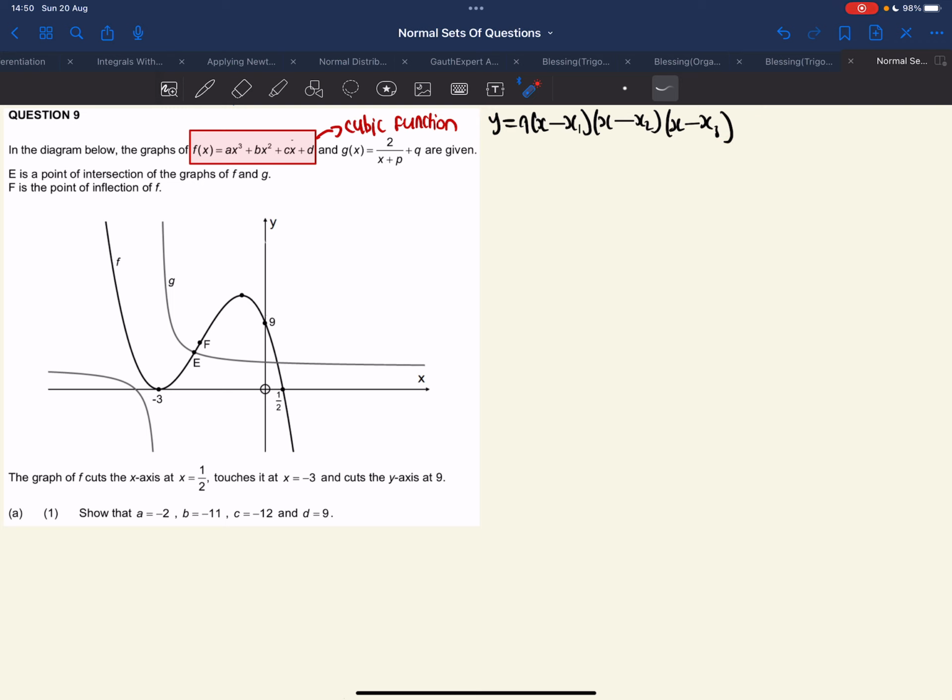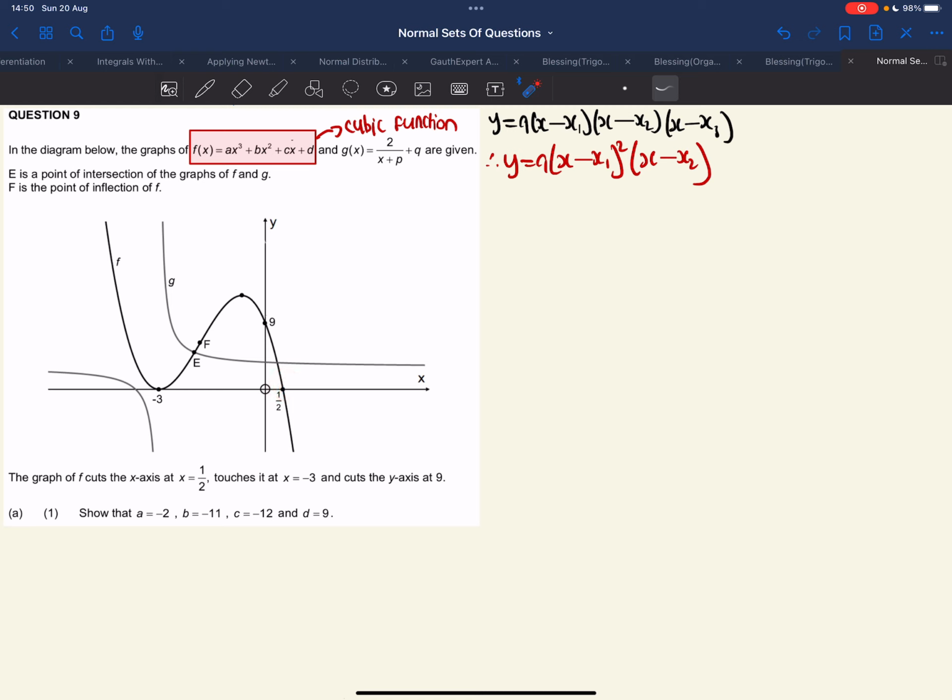Using a different color, we can say therefore y equals a(x minus 1) squared, and then (x minus x2). That can be valid for when that cubic function cuts the x-axis at x1 and x2.